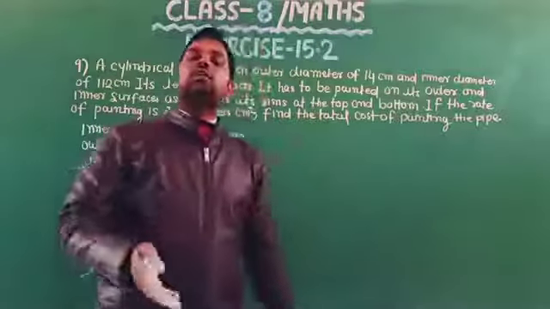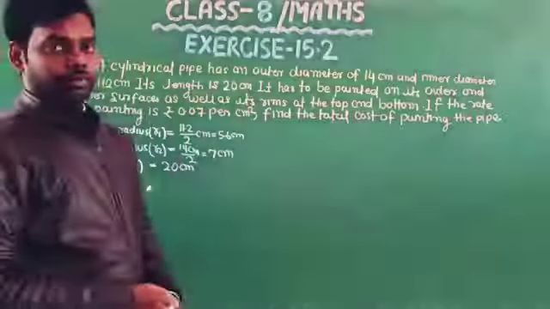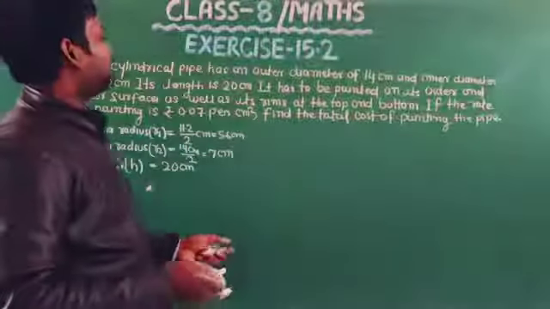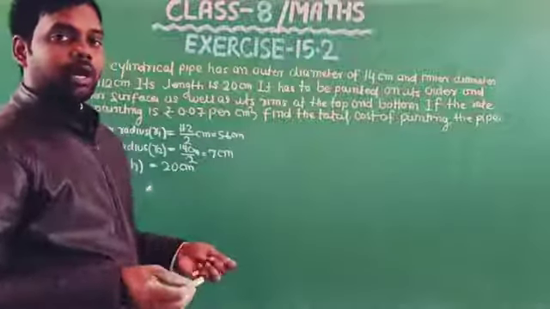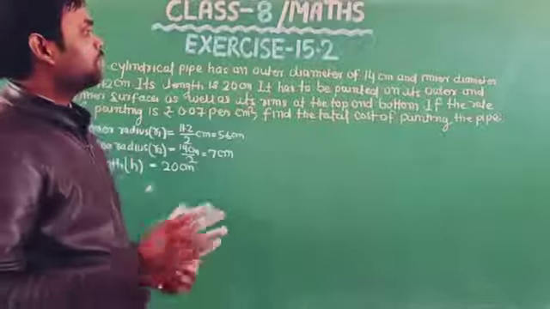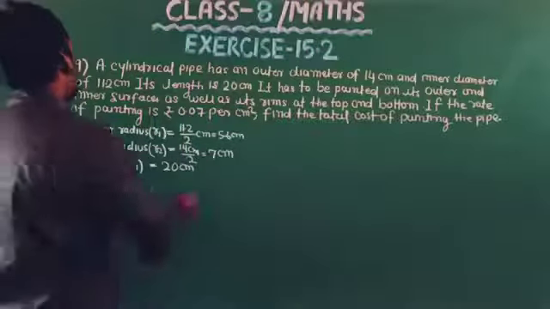Okay, and we have to paint its outer and inner surface as well as the rim of the top and bottom. So first find the total inner and outer surface area of the cylindrical pipe.